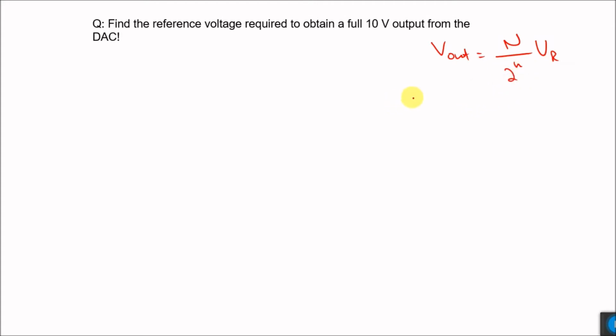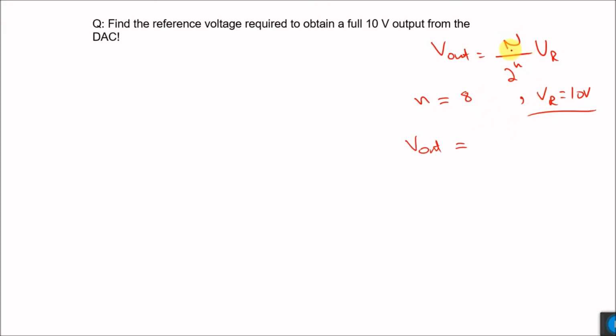Now let's assume small n is equal to 8, this means that it is an 8-bit digital to analog converter. And let's say VR is equal to 10 volts or any value for that instance. V out would be maximum when this capital N is maximum.